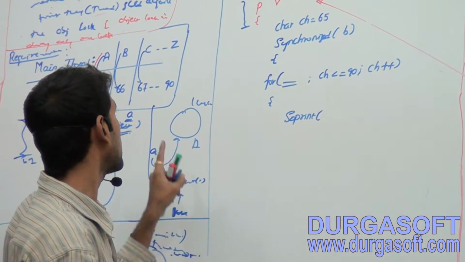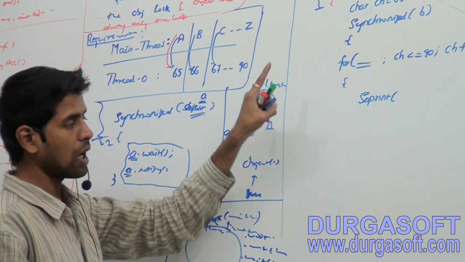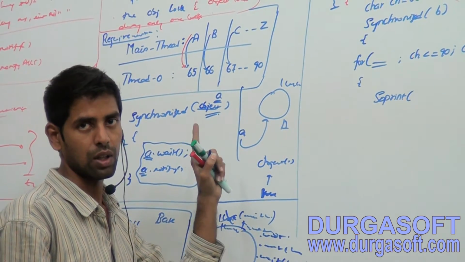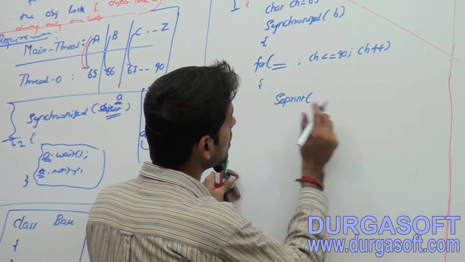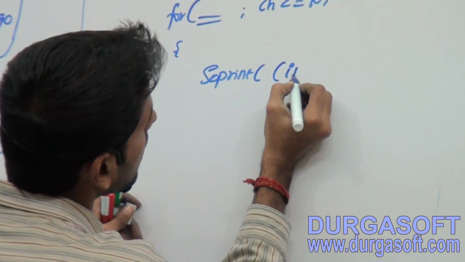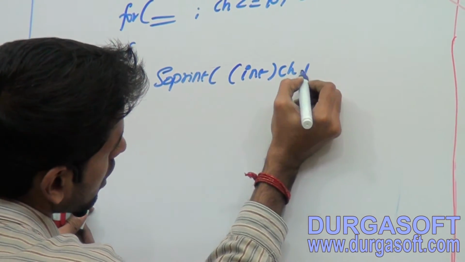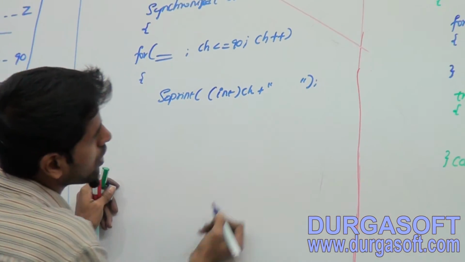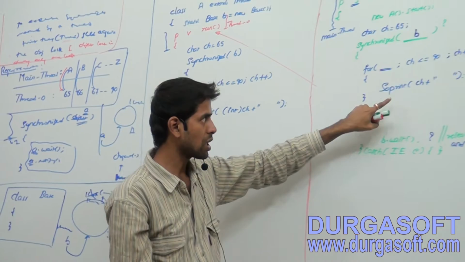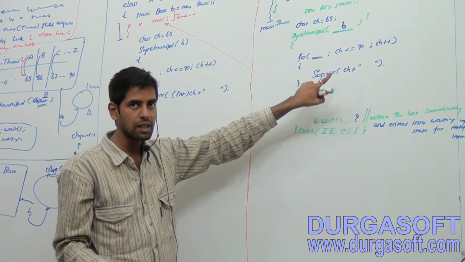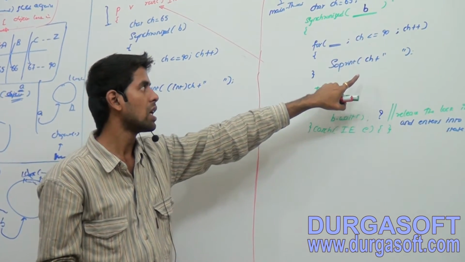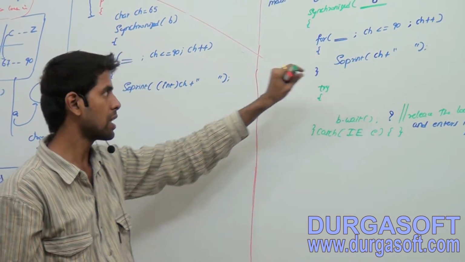Now it has to print 65. Here you have to do typecasting to int. Now observe. It's my mistake, I did irrelevant, meaningless typecasting. Here it is ch, and here it is int.